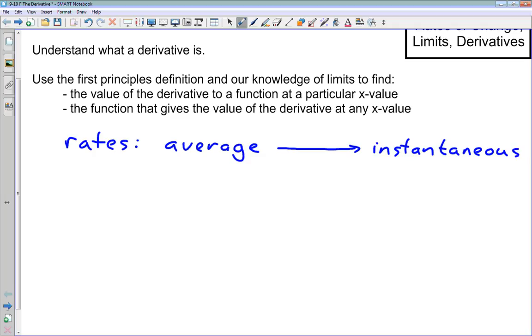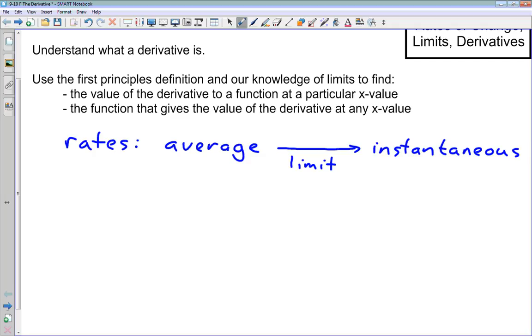And we did that by setting up that table and looking for the trend. And I told you that what we were really doing when we set up that table and looked for the trend was we were taking a limit. Okay? The instantaneous rate of change was the limit of this series of average rates of change as we made our time intervals smaller and smaller.